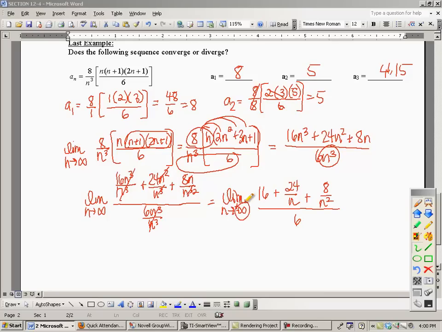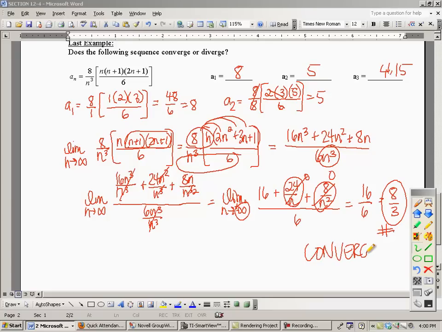Well, as I go to infinity, these two values get closer and closer to 0, so I have 16 over 6, which reduces to 8/3. Because I'm able to get a specific number, we say this sequence converges. And what that means is as I get to bigger and bigger values of n, my sequence is going to go directly to a value of 8/3.